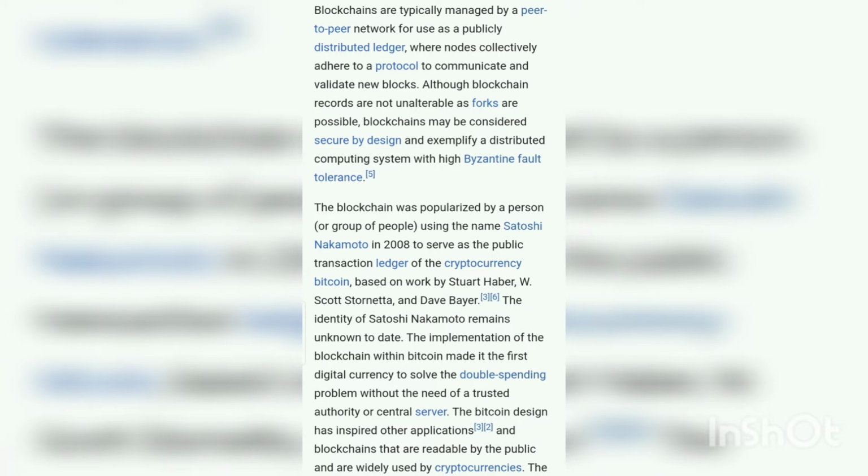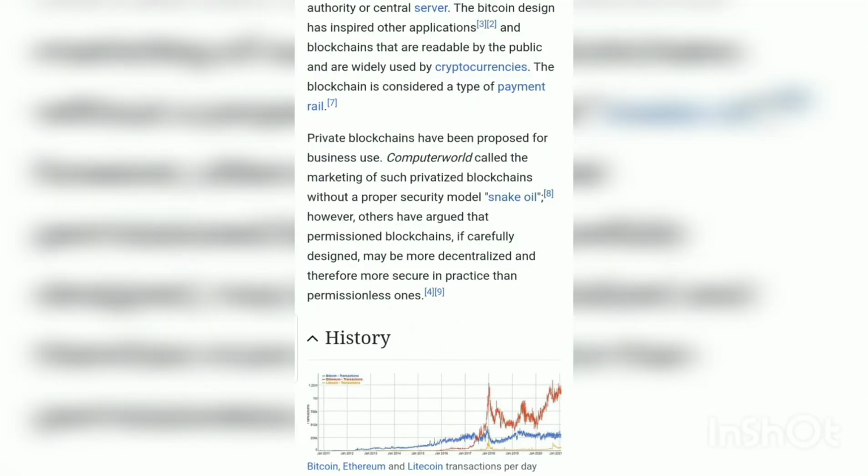The Bitcoin design has inspired other applications, and blockchains that are readable by the public are widely used by cryptocurrencies. The blockchain is considered a type of payment rail. Private blockchains have been proposed for business use.